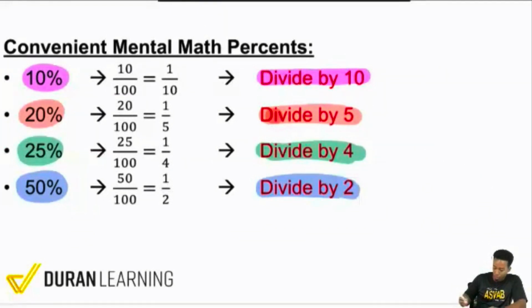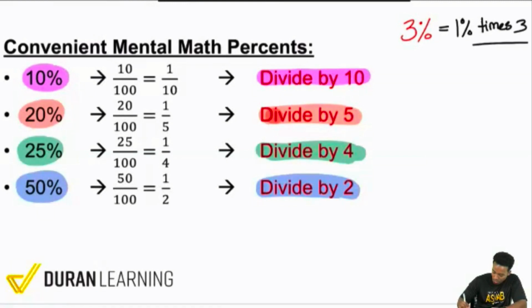If I had you try to find 3% with mental math, everybody, do you see how 3% is the same thing as 1% times 3? Isn't 3% the same thing as 1% times 3?